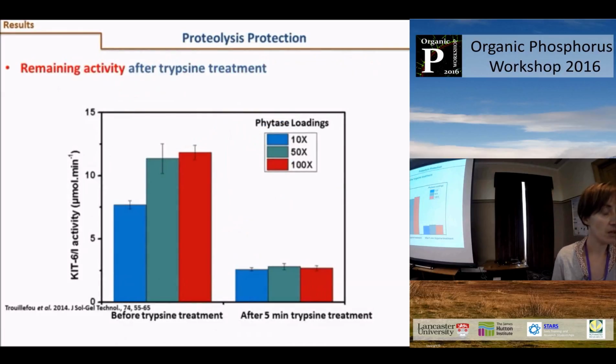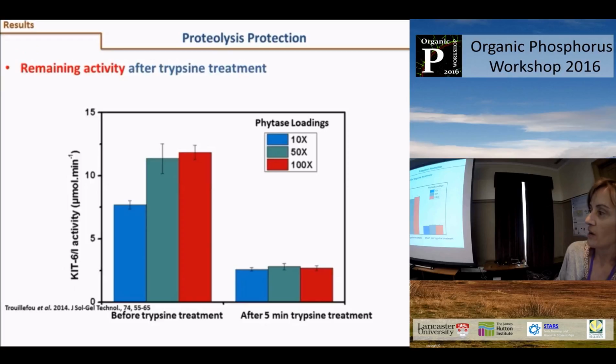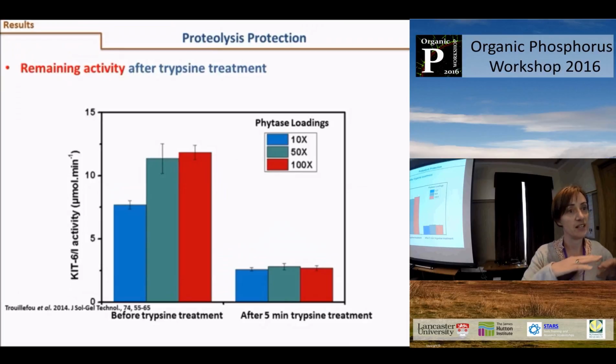If we consider now the remaining activity after a trypsin treatment, so trypsin is a protein which can lyse the phytase. You have different phytase loadings in the nanomaterials, and after 5 minutes of trypsin, we have a decrease, of course, of the phytase activity, mainly due to the lysis of the phytase at the surface of the nanomaterials.